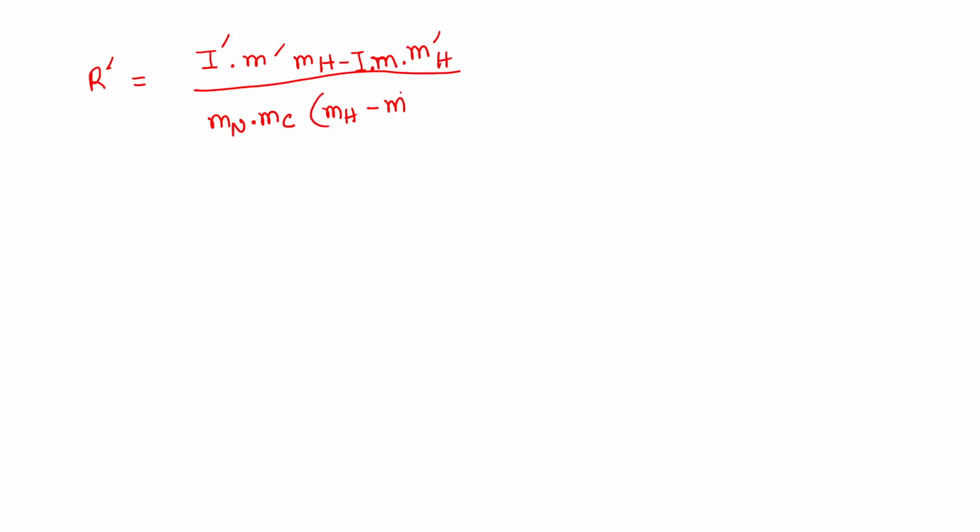I dash MH, I dash M dash MH minus M dash H, sorry, I into M dash H divided by Mn MC MH minus M dash H is equal to, so that's what it is, and a root of this, right?